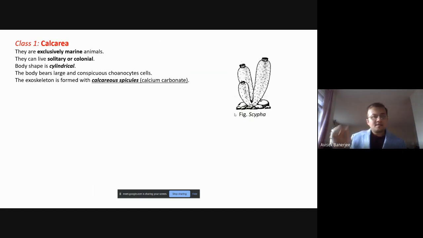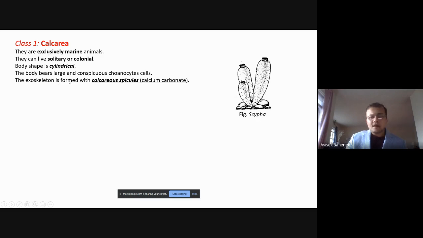The first one is Calcarea. These are exclusively marine, they can live solitary or colonial, and the body is cylindrical. A classical example is Sycon or Scypha.